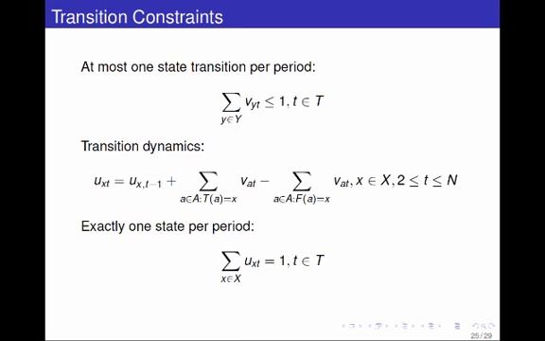So what this equality will do is if you end up moving out of that state, you were in it previously, but then I'm looking for all the transitions that have X as a from state, and if any one of these guys is 1, then it will set the U to 0 for the next hour.